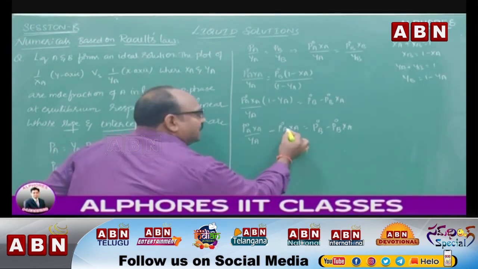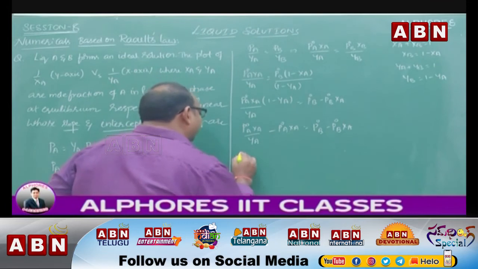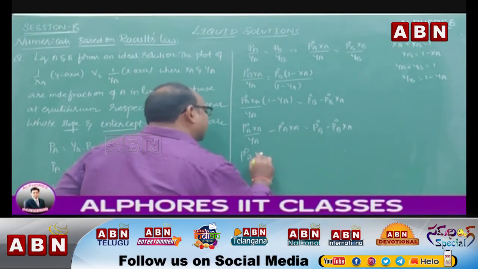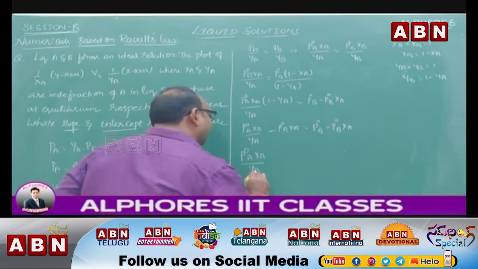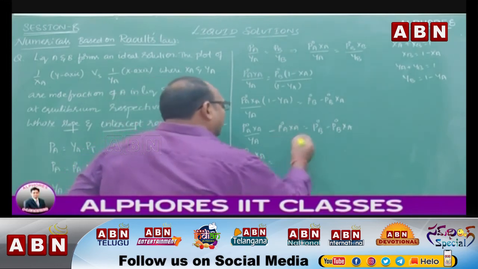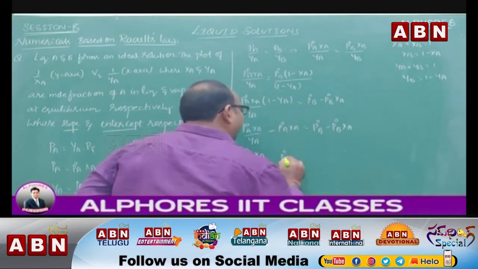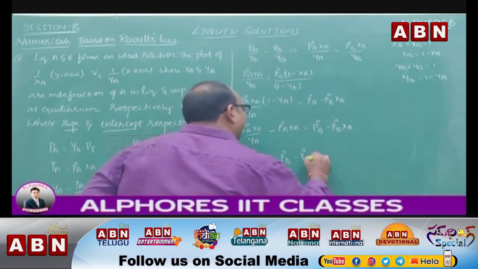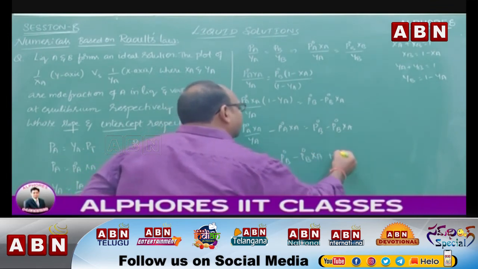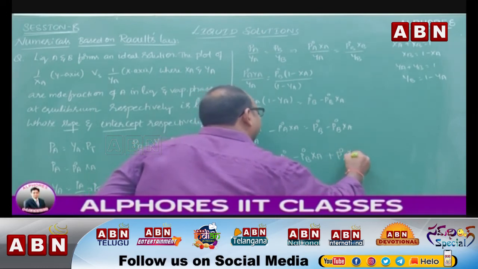So, sending this P naught A XA to that side, P naught A XA by YA is equal to P naught B, and this one is minus P naught B XA plus P naught A XA.